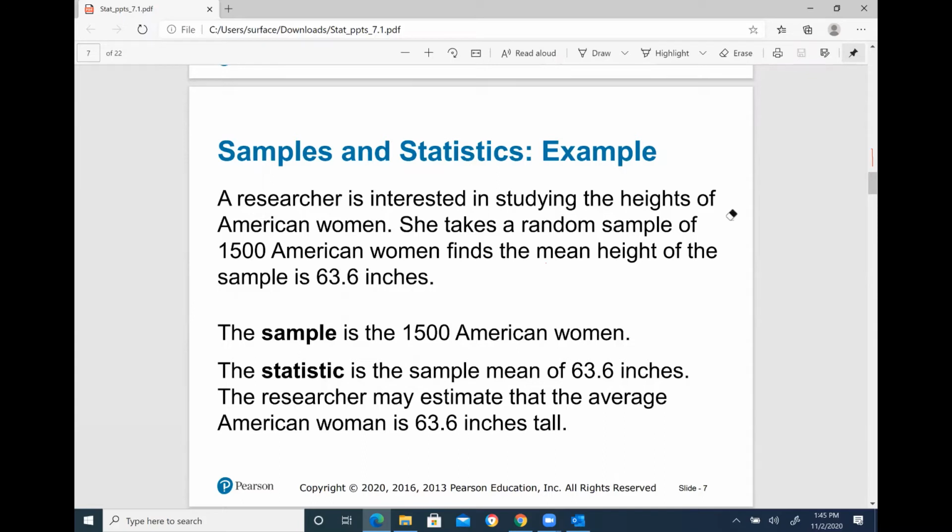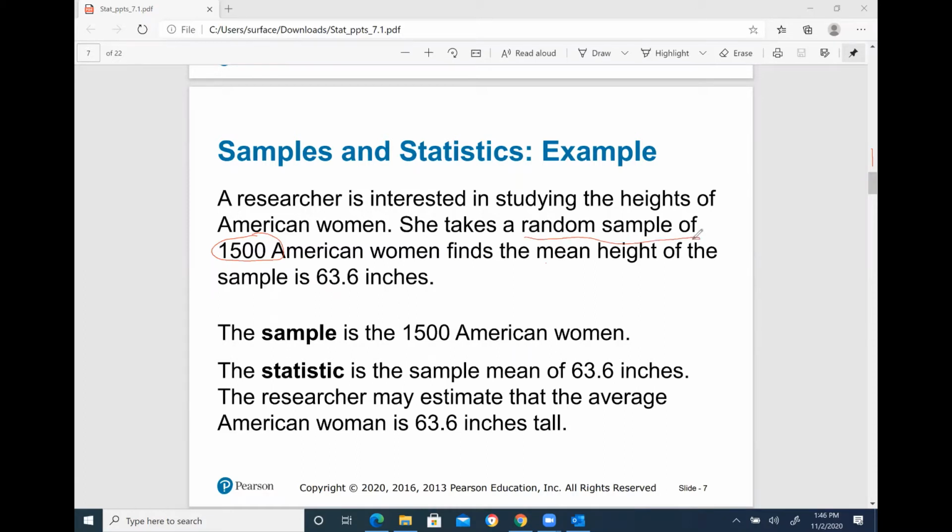She takes a random sample of about 1,500 American women and finds the mean height of the sample is 63.6 inches. So the data they gave us is, do you see the value right here? And they say here they take a random sample.